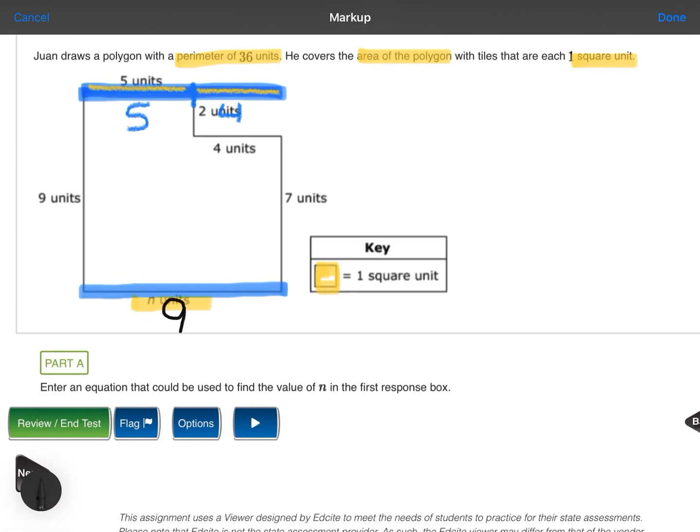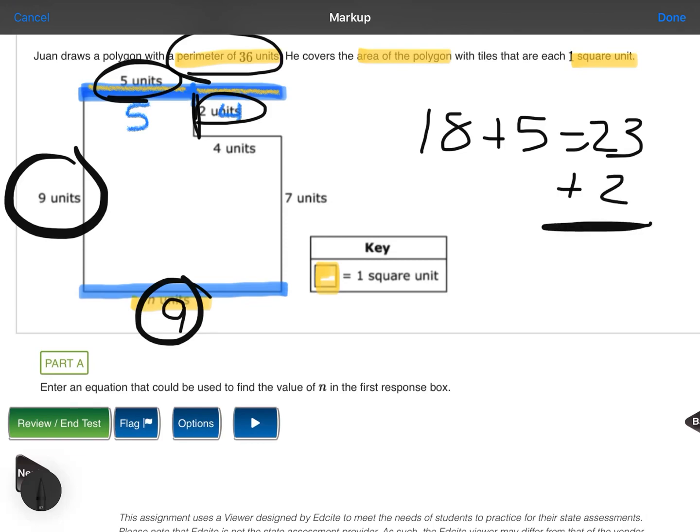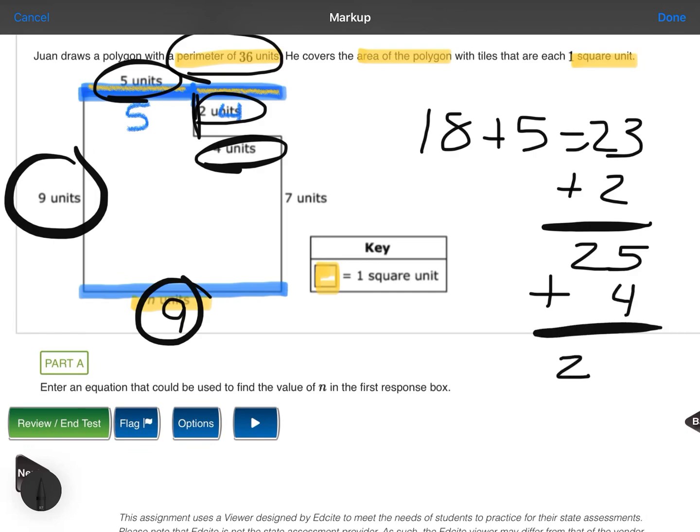And it says the perimeter is 36. Perimeter means all the way around, so that would be 9 plus 9, that's 18, plus 5 would equal 23, plus 2, we got to get that little side in there, equals 25, plus 4 would be 29, plus 7 would equal 36.